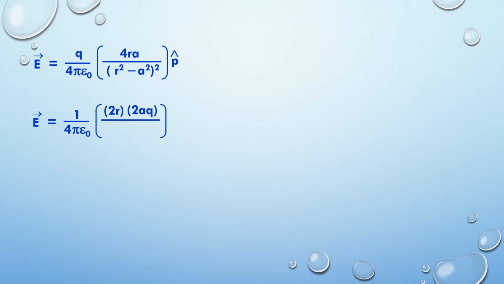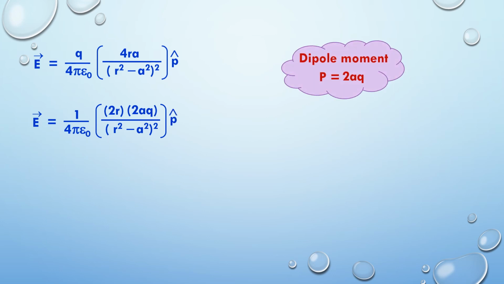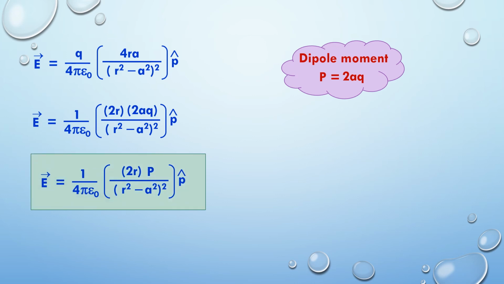Similarly, the denominator again as it is into vector p, where dipole moment p is equal to 2aq. Therefore, 2aq can now be replaced by 1 upon 4 pi epsilon naught into 2r into p upon (r squared minus a squared) the whole squared into vector p. So this is your expression to find electric field intensity along the axis due to an electric dipole.